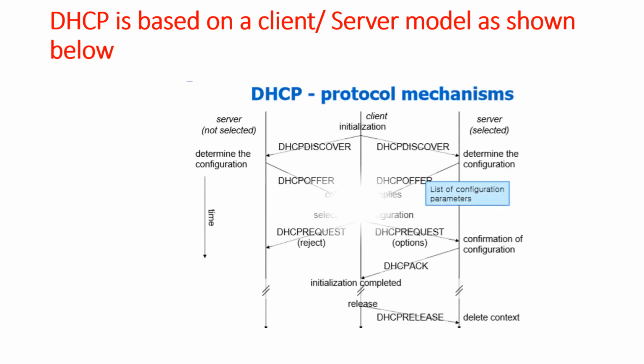This is the representation of the DHCP protocol mechanisms. Here we have considered one client and two servers. The conversation is going to happen between a single client and two servers. Let us see this in detail in further slides.